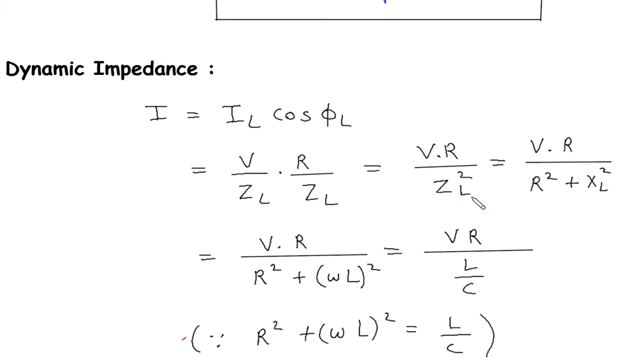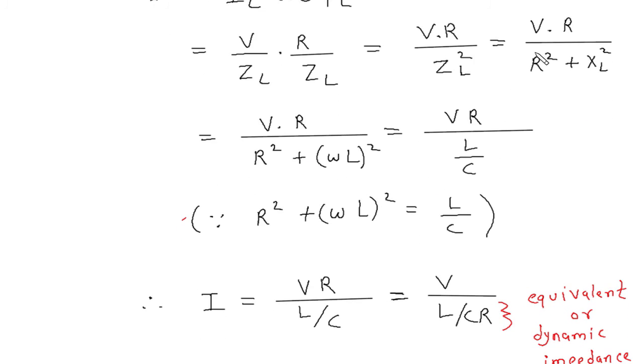Then again ZL is R square plus XL square. Here it is squared. So ZL is equal to under root of R square plus XL square, but here it is squared, so R square plus XL square only.